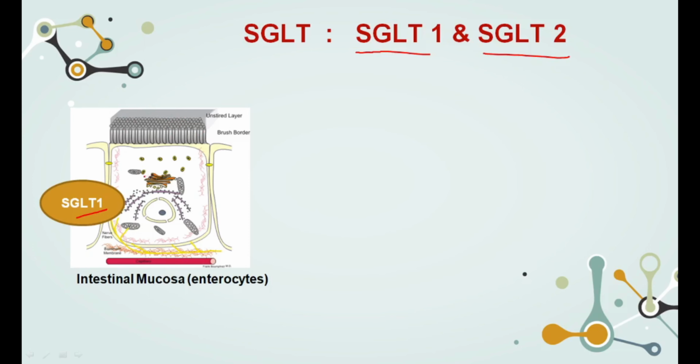SGLT1 is also expressed in the enteroendocrine L cell and K cell, which produce the incretins GLP1 and GIP, which we have discussed earlier.